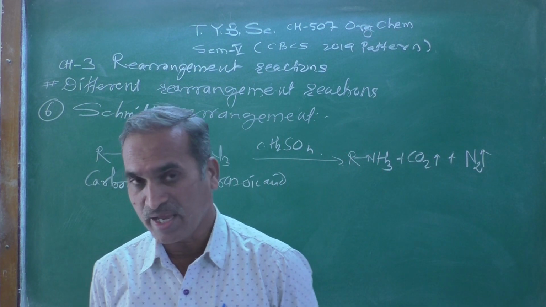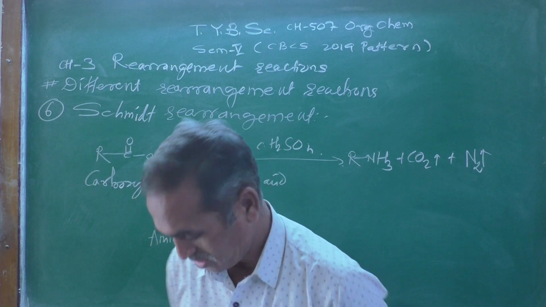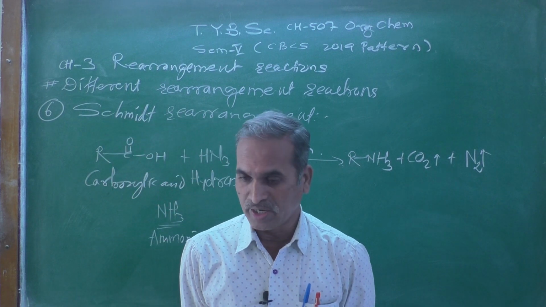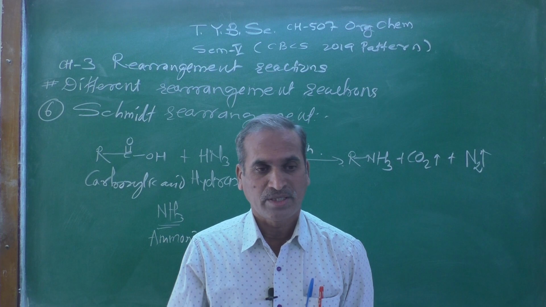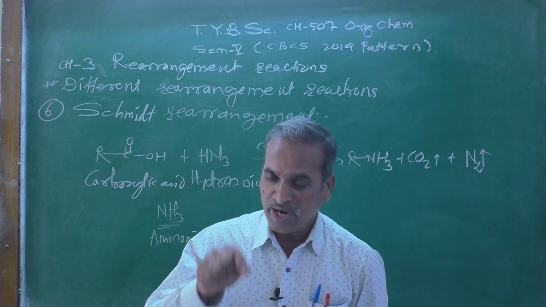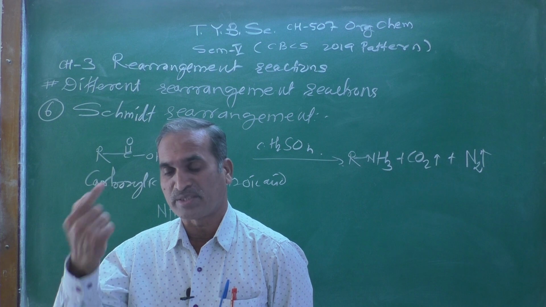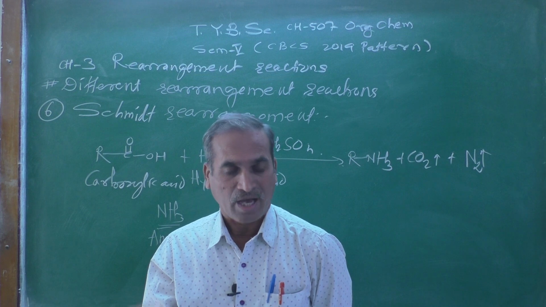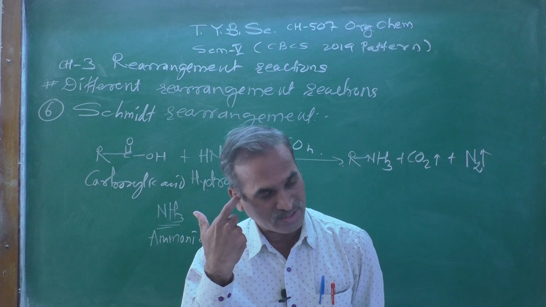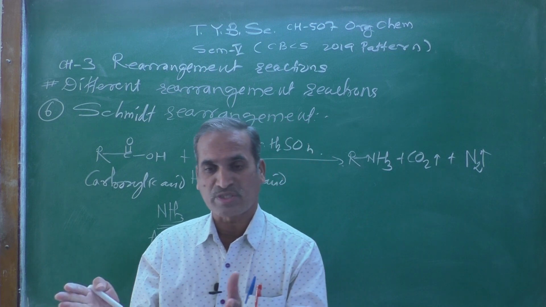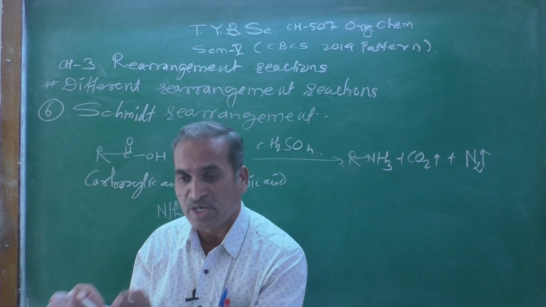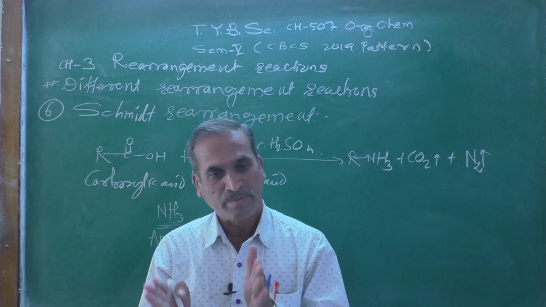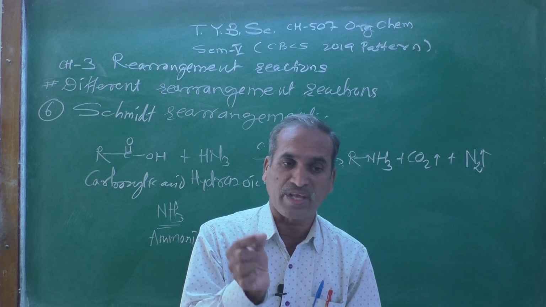This rearrangement reaction is the type of reaction where a nitrogen transition state is formed, and that is further converted into an isocyanate. The isocyanate, alkyl or aryl, is an intermediate and it is very reactive.